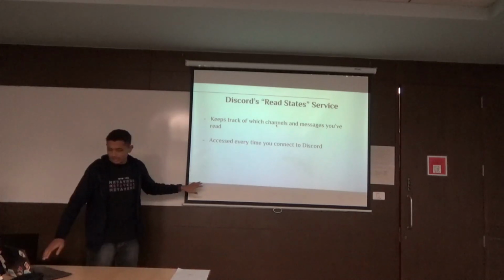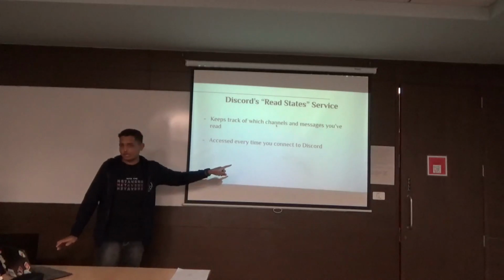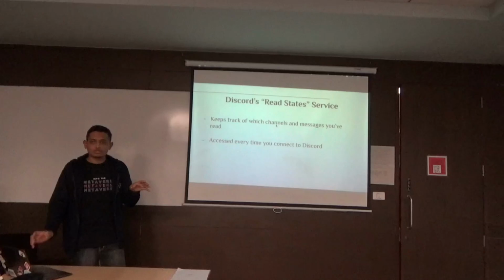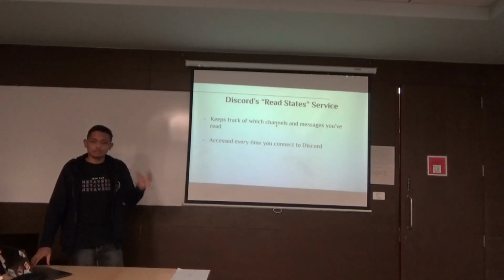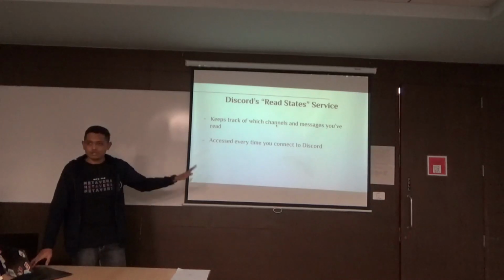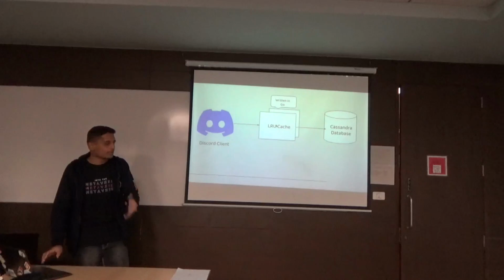This service is used every time you connect to Discord, and Discord has millions of users connecting multiple times a day, so just think of the type of traffic this handles. The requests are in millions every minute.